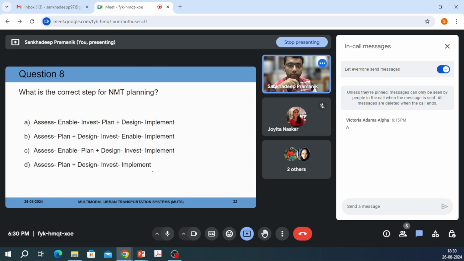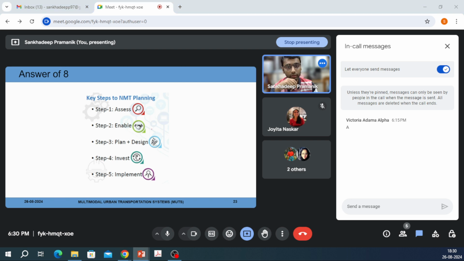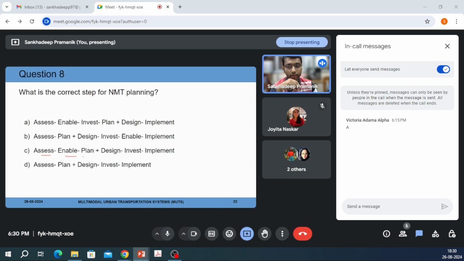In the previous class we have discussed this one, that first is assess, then the second step is enable, plan and design, invest and implementation. So assess, enable, plan and design, invest and implementation. Option C will be the correct answer.